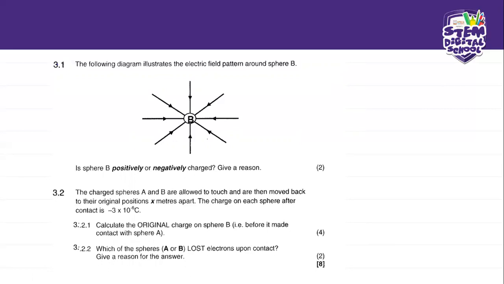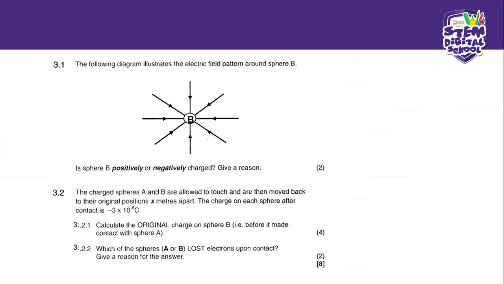Guys, please just take a snapshot of these questions as we go along, and you'll do them again when you time yourself properly. Number 3.2 says the charged spheres A and B are allowed to touch and are then moved back to their original position, which is x meters.